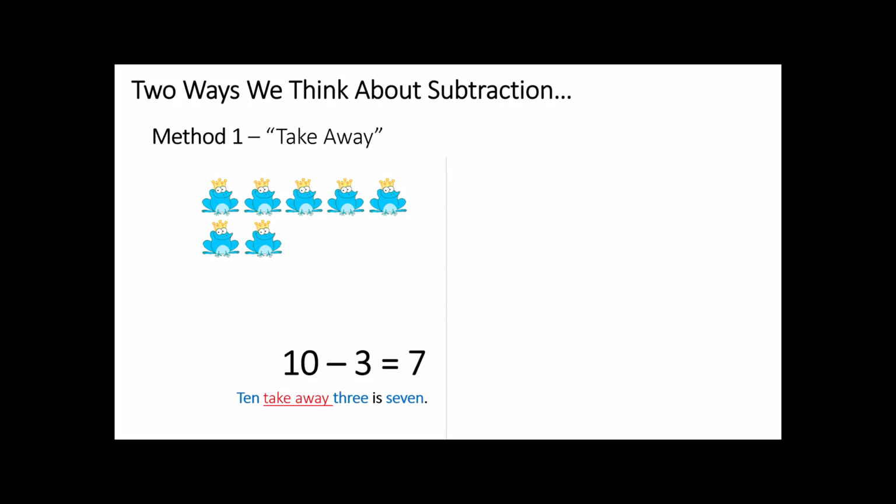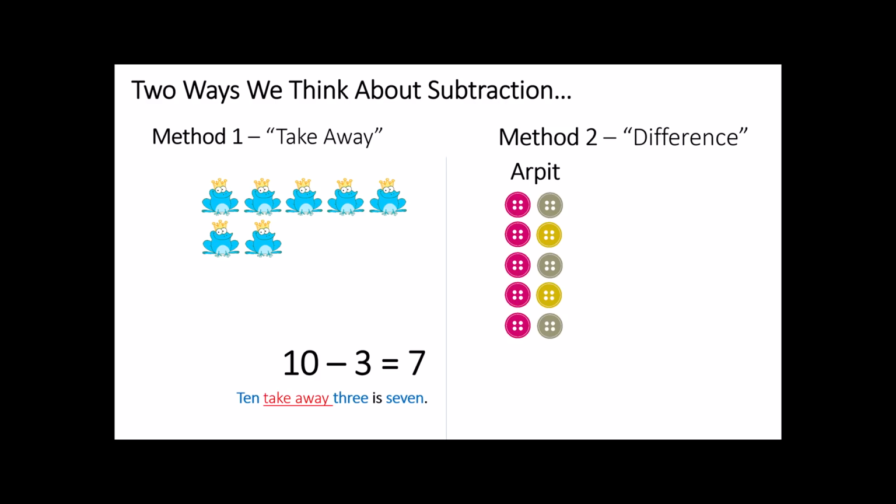But there is another way to think about subtraction. This is method 2, the difference, or sometimes I refer to this as using subtraction for comparison. This story goes something more like this. Arpit has 10 buttons. Rajit has 3 buttons.